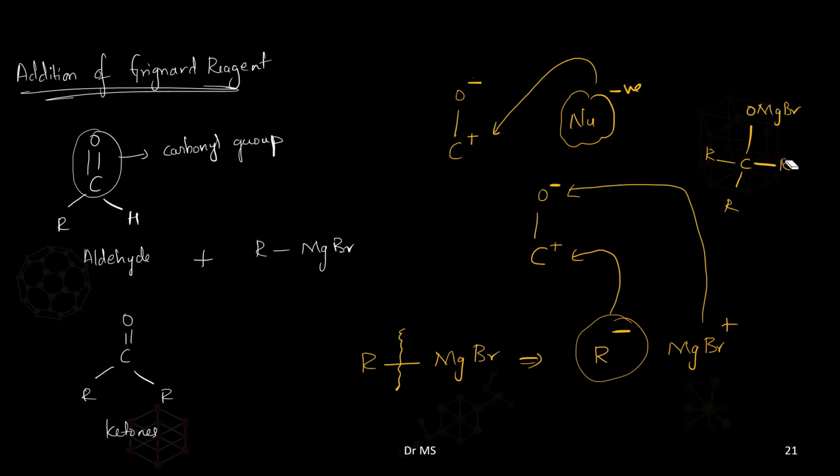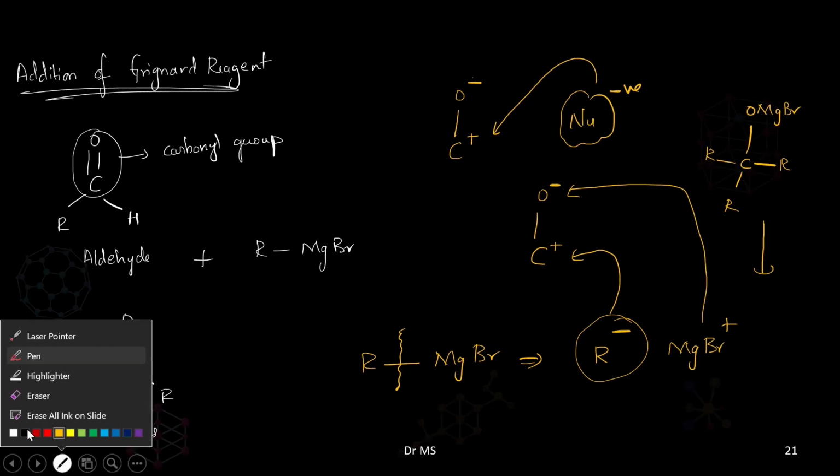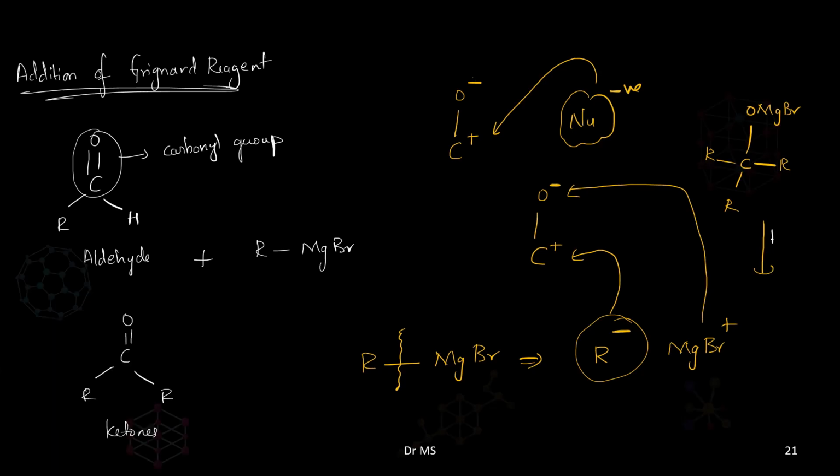Now you do the protonation. That's the second step, done with water and H plus. The OMgBr is completely removed and in that place the OH group attaches, forming a carbon with R, R and R. The OMgBr is eliminated and OH attaches here, resulting in an alcohol.